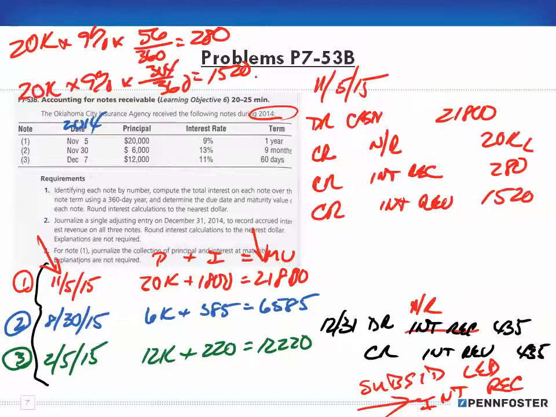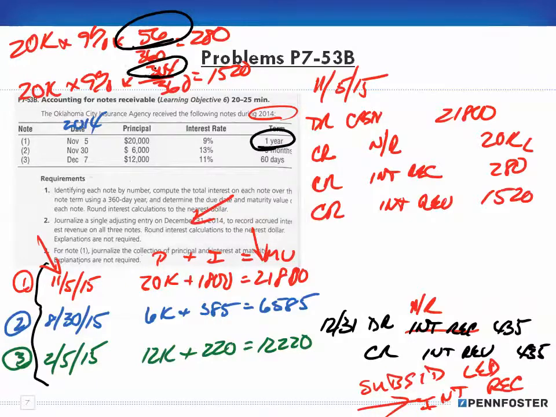And the reason why this is right, because what I'm seeing here and I'm thinking through the process, is that we made a single journal entry on December 31st, okay? And that's the 56 days, all right? But the term is 1 year, all right?